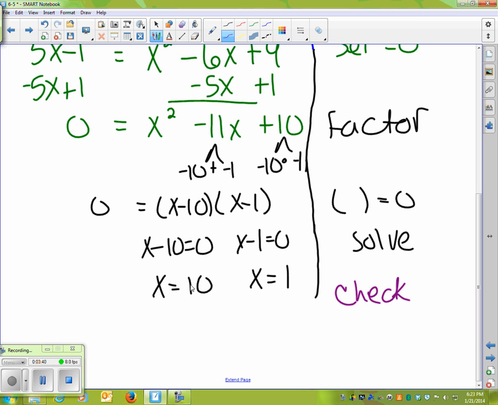I need to plug each one of these back into the original equation. Whenever I FOILed something, I created a second answer, and I need to make sure that both of those answers work.